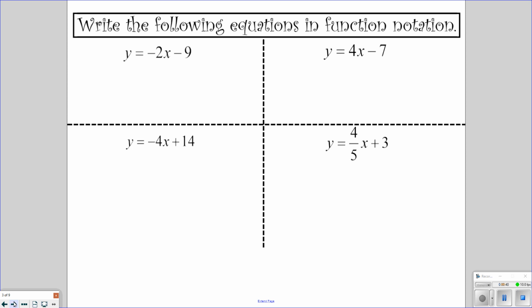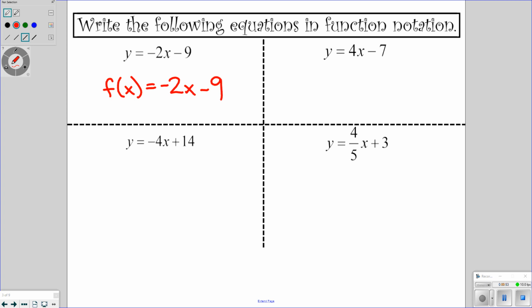So we're going to write the following values in function notation. To do that, we simply replace any y we see with an f of x. So we would say f of x equals negative 2x minus 9. We say f of x equals 4x minus 7.